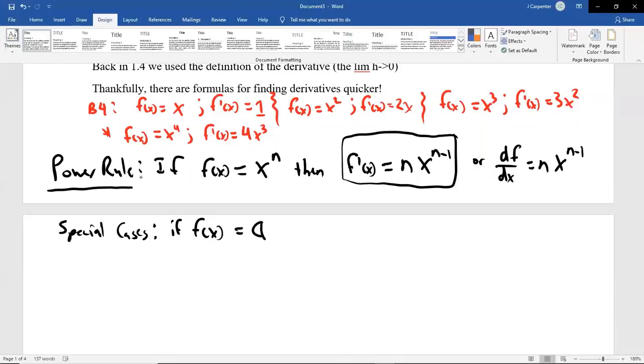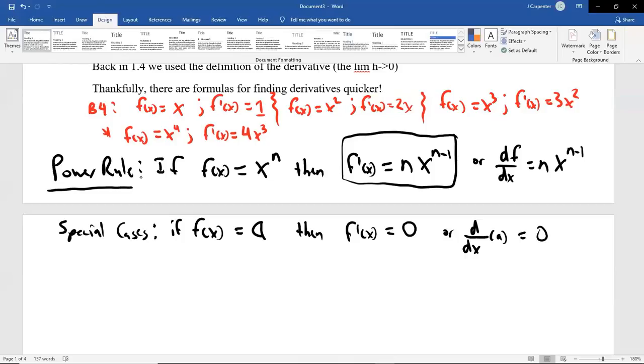So if your function is a constant, C or A, whatever letter you like, then the derivative is 0. Or you could say d dx of A is equal to 0. You technically don't need the parentheses around the A. I'm just being thorough. So again, the two different notations are both saying the same thing.